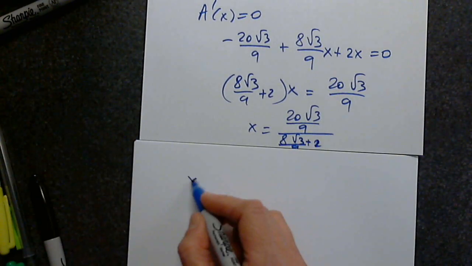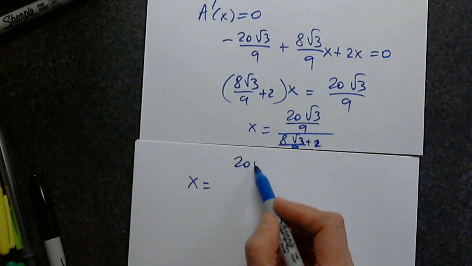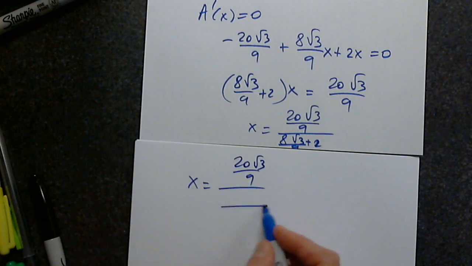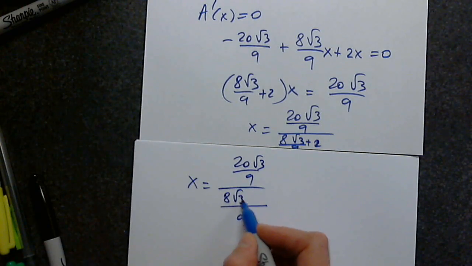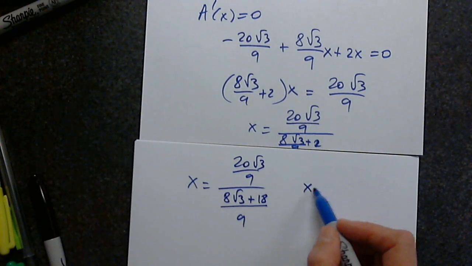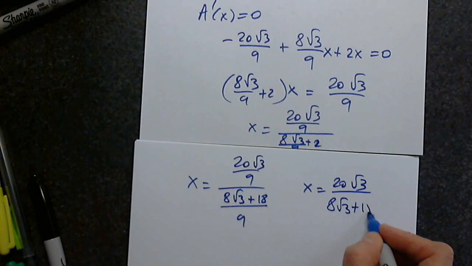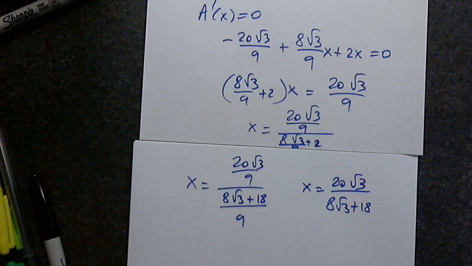I will write that x equals 20 the square root of 3 over 9. The least common denominator here is 9. So 8 the square root of 3 plus 18. So then x equals 20 the square root of 3 over 8 the square root of 3 plus 18. So I have to determine this.